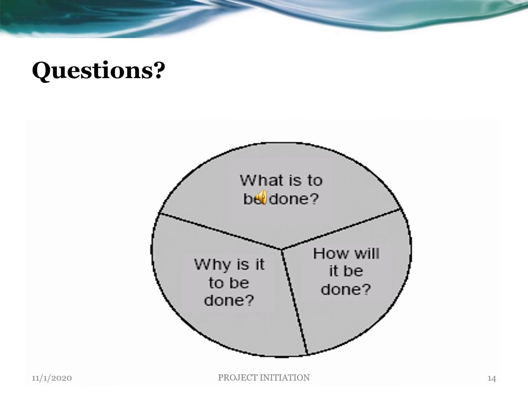To summarize what we just mentioned, we have a pie chart with three key sections: what is to be done, how will it be done, and why is it to be done.